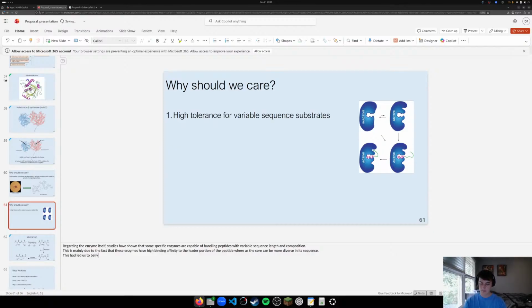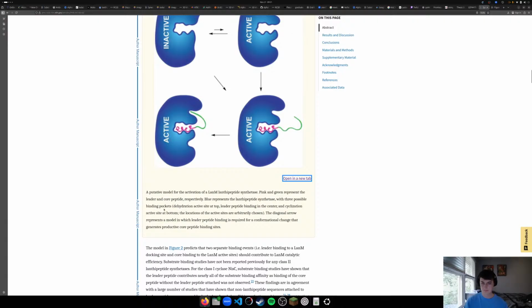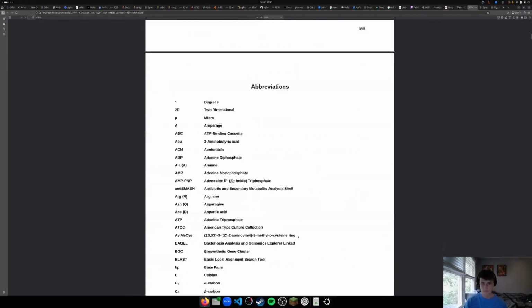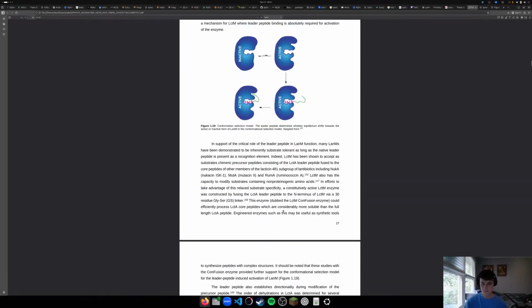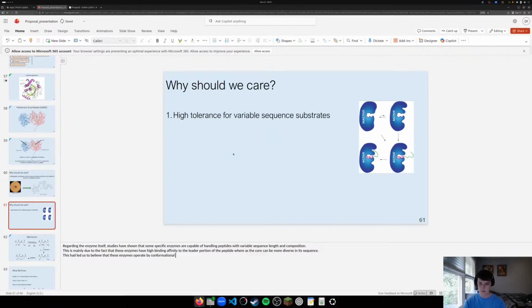This has led us to believe that the enzyme operates through a conformational selection rather than a strict binding mode.